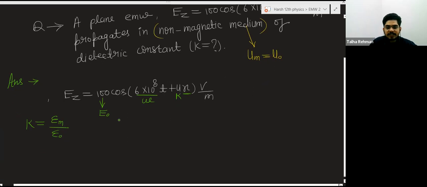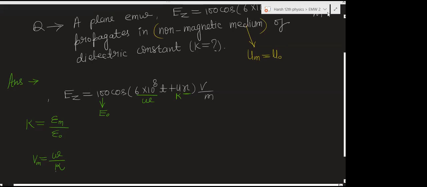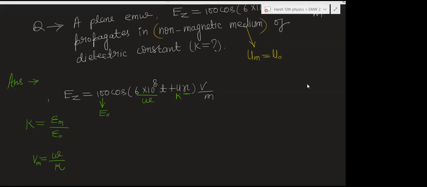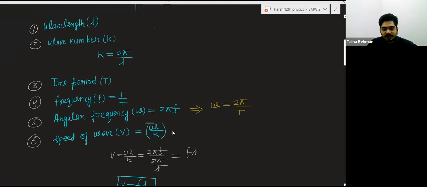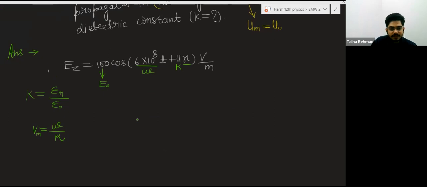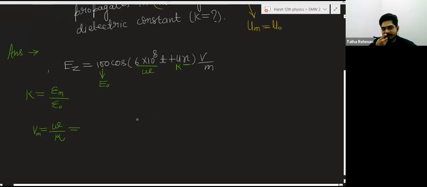So now the speed of the electromagnetic wave in the medium is given by omega by k. You can see here, speed of the wave is omega by k. So you can find the speed of the wave in the medium, omega by k.